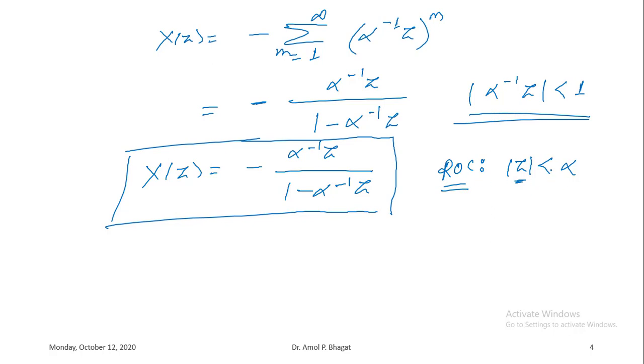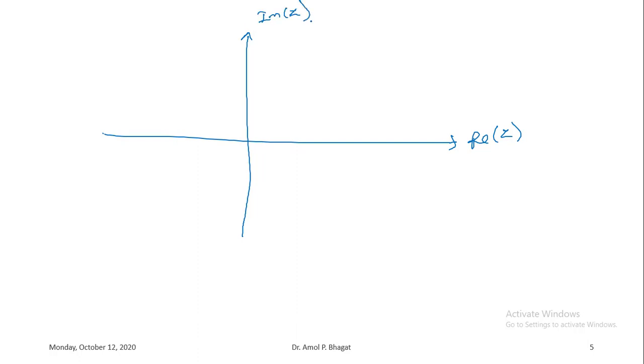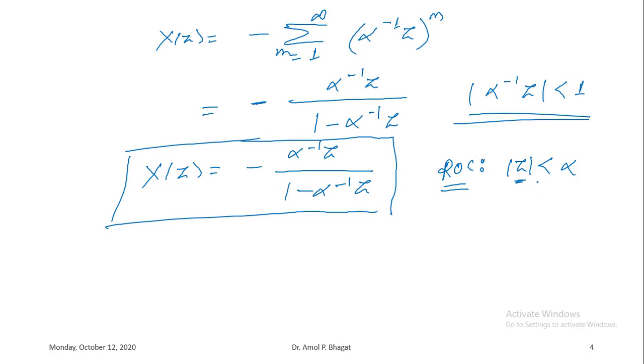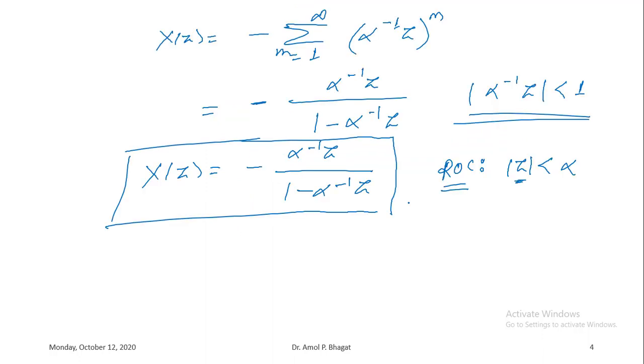Again, if we want to plot this ROC, we take the real values of z on the x-axis and imaginary values of z on the y-axis. We plot a circle with radius alpha, and as ROC the values of z are less than alpha.